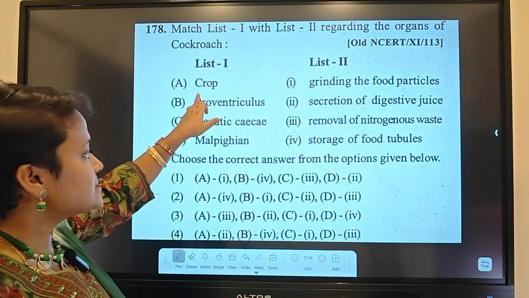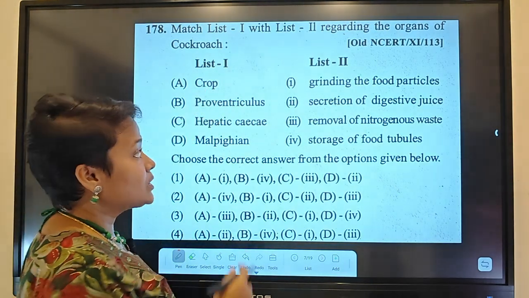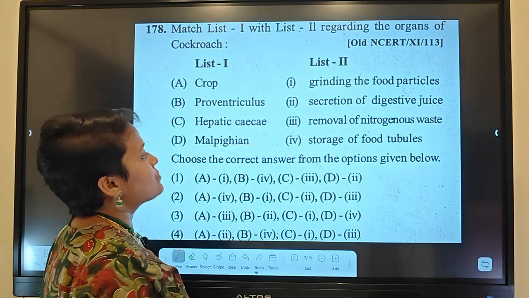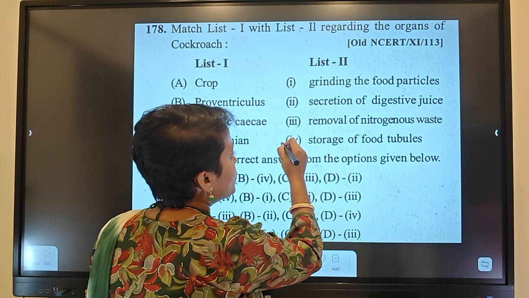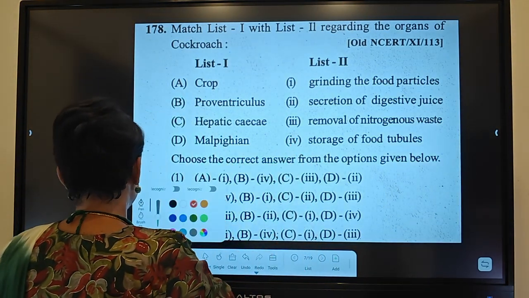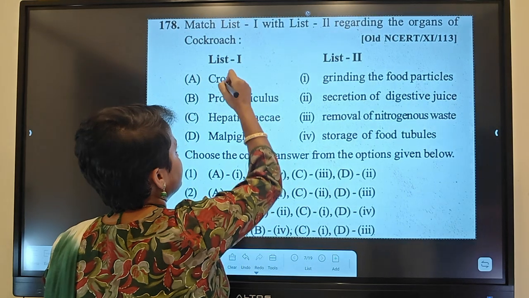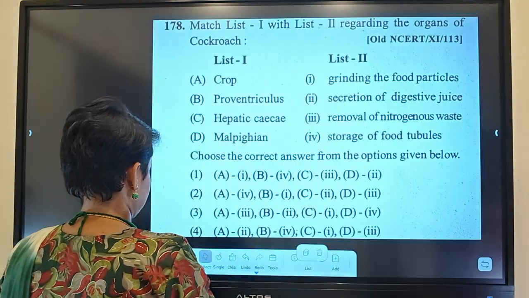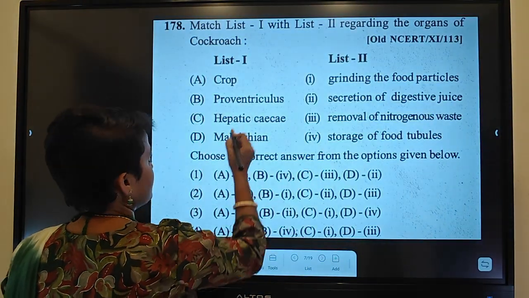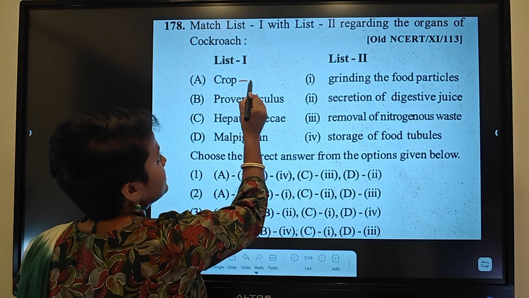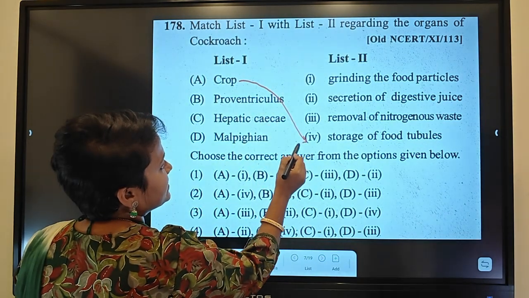That is called crop. And the function of crop is the storage of food material.